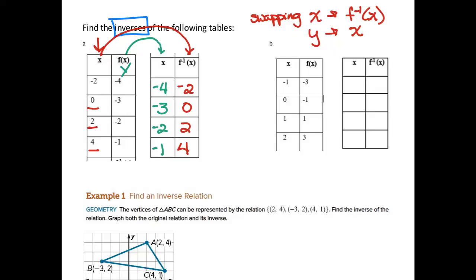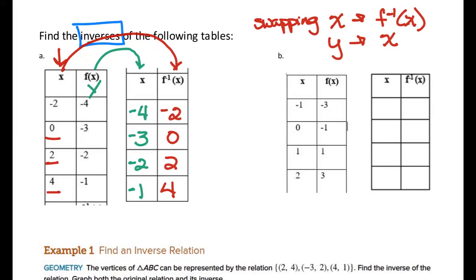All right, hopefully you've got a good start, but here are my x values. I want to find the inverse from this table. So the x values are going to go now to the inverse function of x values. So that means I have -1, 0, 1, and 2.